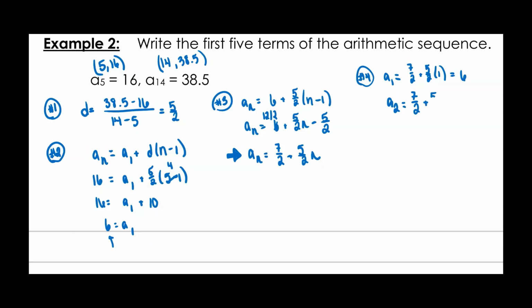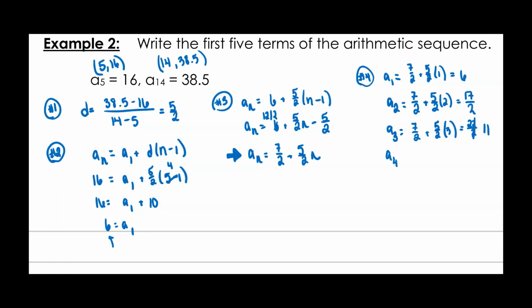Okay, the next one is the second term. So 7 halves plus 5 halves times 2. And so this time we're going to get 17 halves. The third term, 7 halves plus 5 halves times 3. And so this time we're going to get 22 over 2, and that reduces to 11.